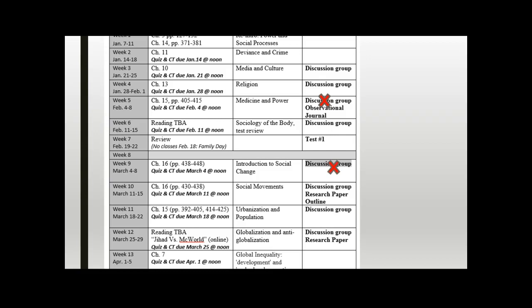So you can see on the schedule I've taken out the discussion group in week 5 and in week 9. And again, that amounts to 3 sessions per term instead of 4. It makes no difference whatsoever in terms of how our discussion groups will be carried out and how you will be marked for this assignment.